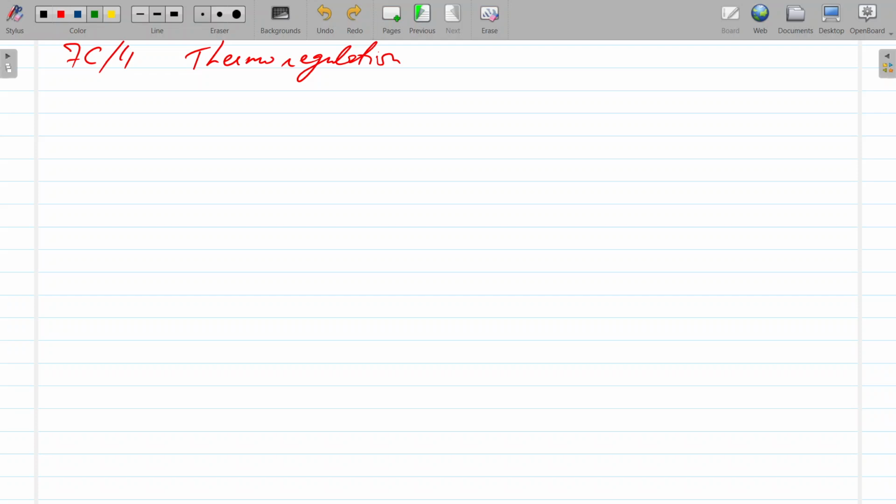Obviously it's a part of homeostasis. And just on a side note, this topic is not in the Cambridge syllabus. So it's in the Edexcel syllabus.